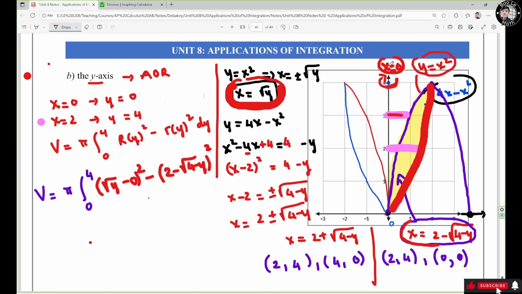Because you subtract 0, it's going to be this one, right? And don't forget to put the dy. Now I need to simplify this one, so it turns out to be pi times the interval from 0 to 4 of y minus 2 minus square root of 4 minus y all together squared dy, right?